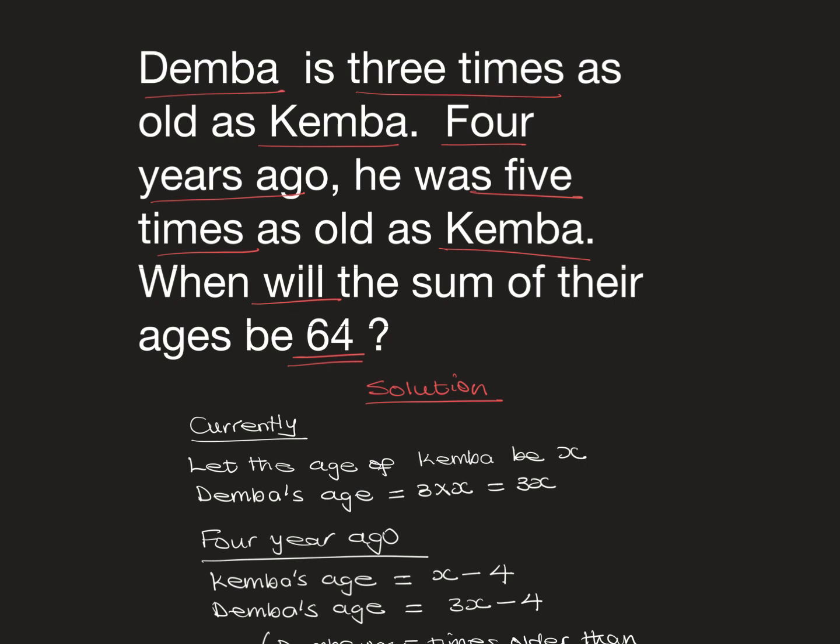to answer the question which says, when will the sum of their ages be 64? This is asking about the future, meaning from now, when will the sum of their ages be 64?